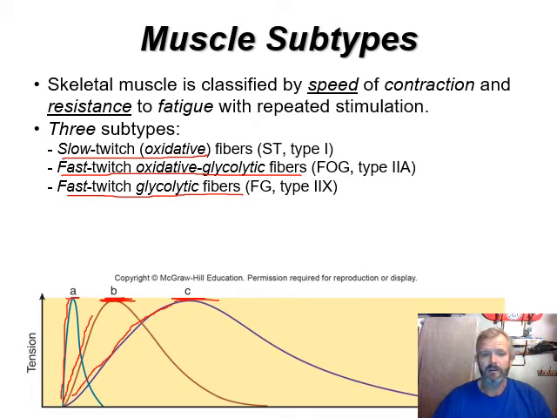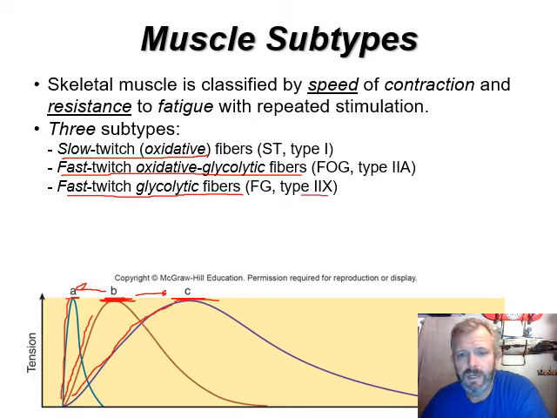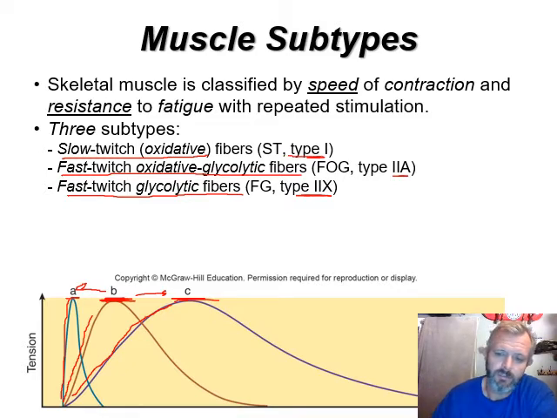We can move these B's maybe closer to C or closer to A, depending on what kind of training we do. Okay, they are also labeled, you'll see, 2X for the fast twitch glycolytic, 2A for the fast twitch oxidative, and type 1 for the slow twitch.